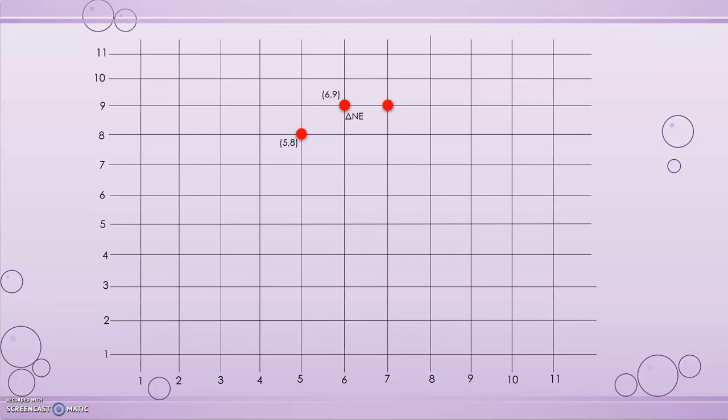Then the next intensified pixel is on 7, 9, that is delta E. Then the next intensified pixel is on 8, 10, that is delta NE. And the last pixel is on 9, 11. Okay, I'll draw the line. So there are two pixels which are not on the line. They are the closest pixels to the true line, but we cannot connect the line through the pixels.